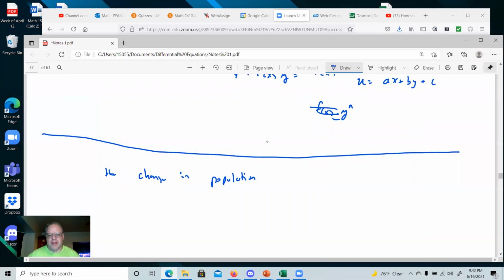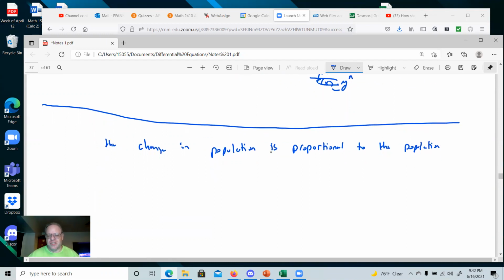The change in population is proportional to the population. That's going to be their problem. It's going to say the change in the population is proportional to the population.